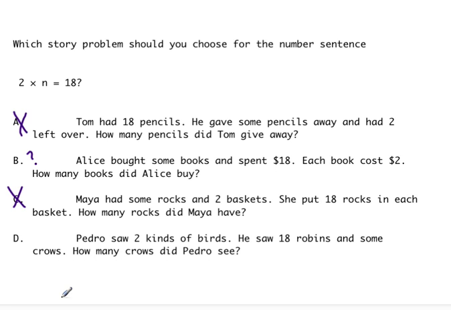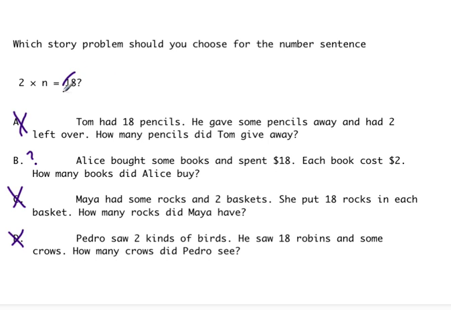Pedro saw 2 kinds of birds. He saw 18 robins and some crows. How many crows did Pedro see? Well, that would mean I have 18 and some crows, and there were 2 kinds. Well, that certainly doesn't give me any information either. So if I go back to B, which I kind of thought it was, Alice bought some books and spent $18.